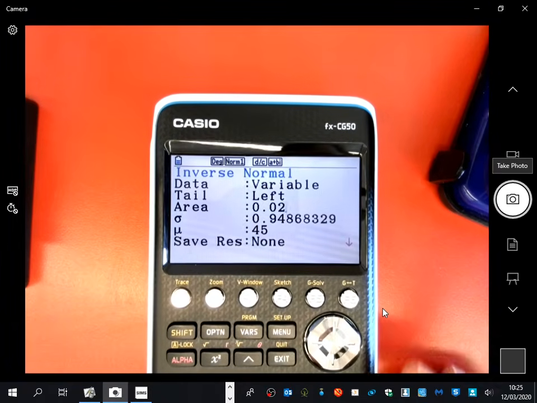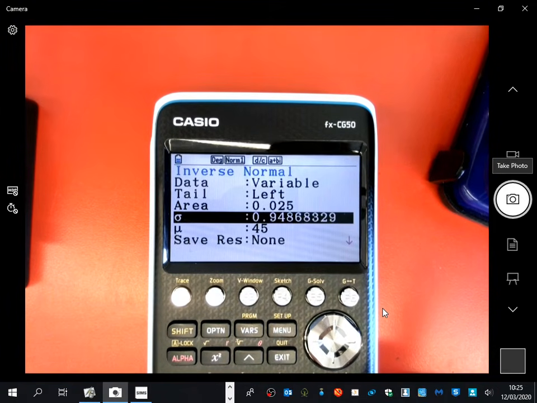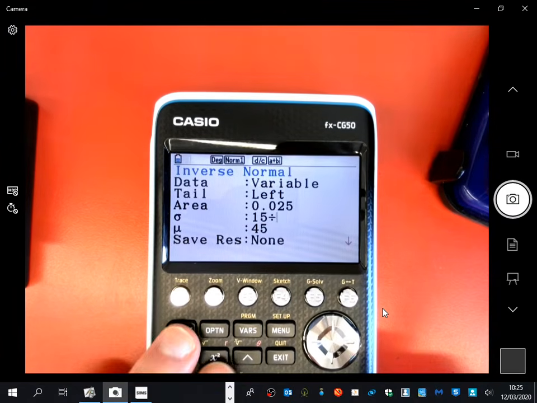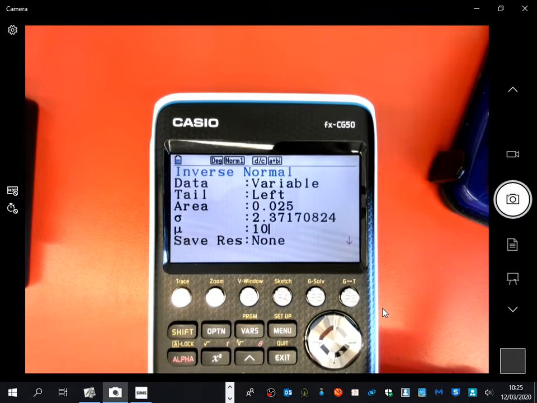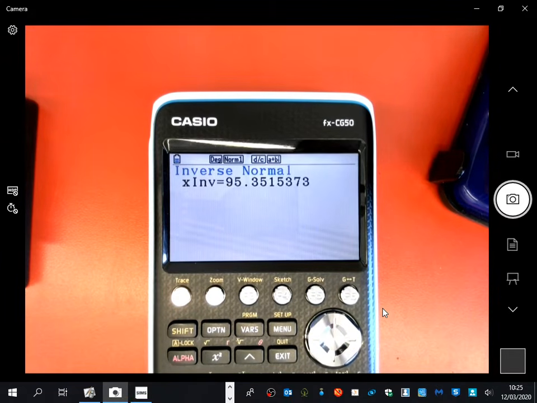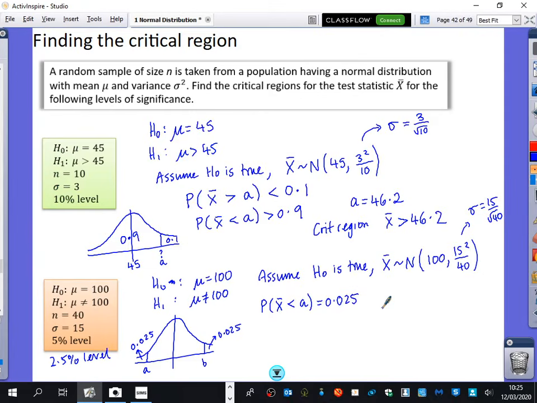Sigma was 15 over root 40, and the average was 100. So we get 95.35. So here, A is 95.35.